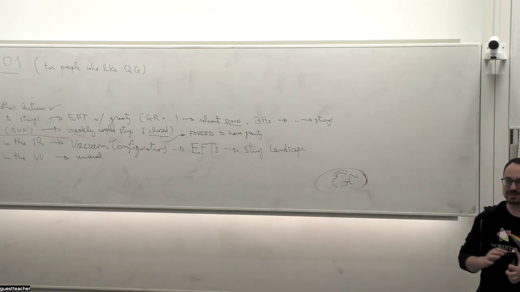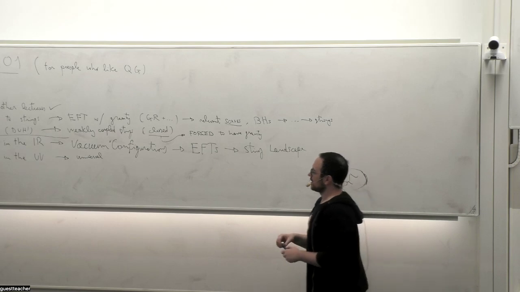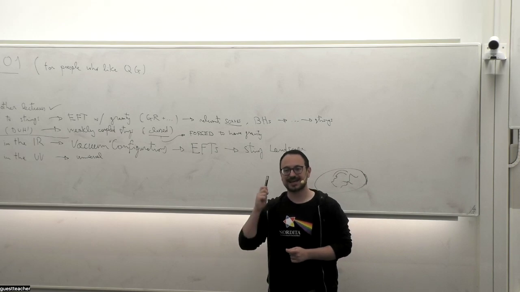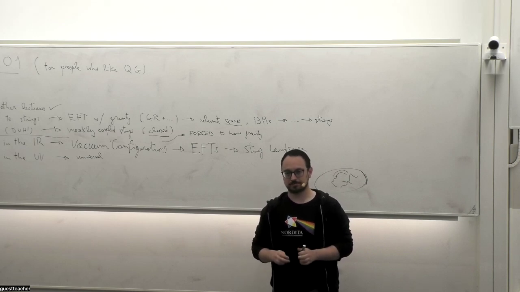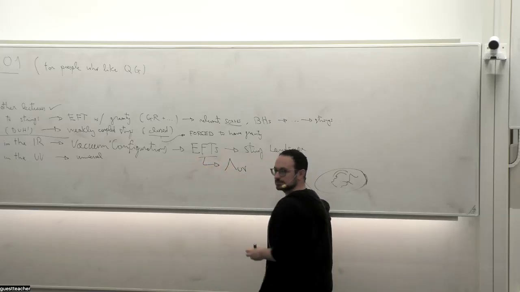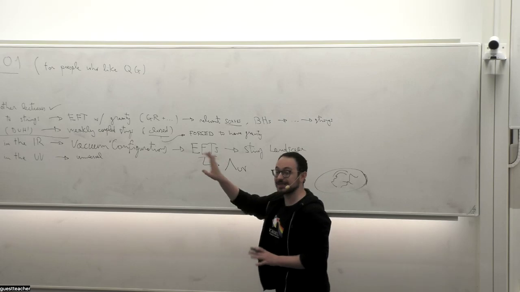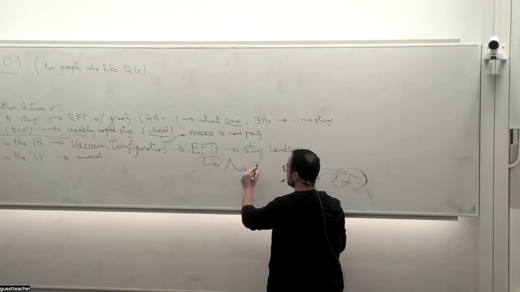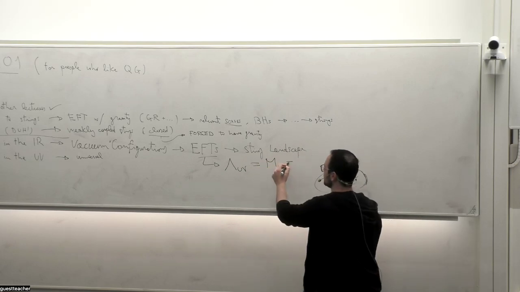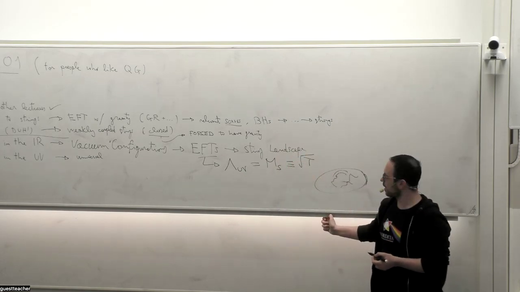So for more or less generic configurations, and I will be more specific later, the cutoff of the effective field theory will be the scale corresponding to the tension of the strings, right? And this cutoff, quite often in weakly coupled string theory, is what I'm going to call the string scale, M_S, which is defined as just the square root of the string tension, which I will introduce soon enough.